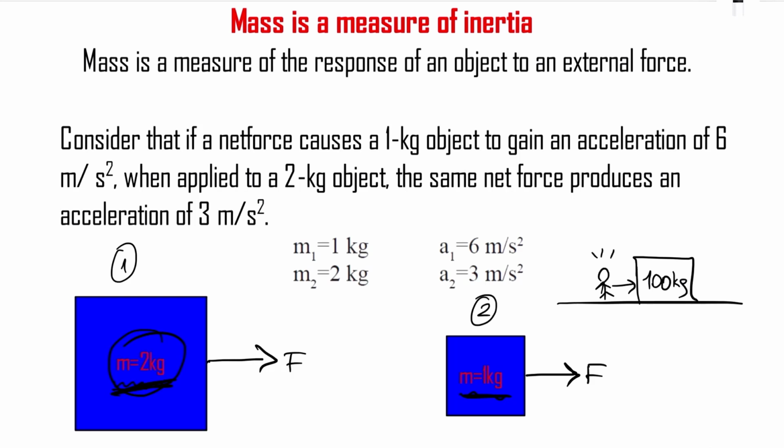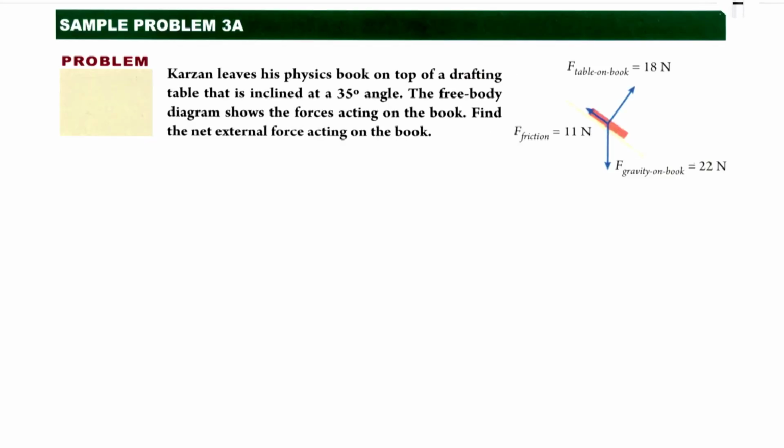So if we have more mass, we have more inertia, and if we have less mass, we have less inertia. So according to mass, acceleration can change if the force is constant. Now I will explain it with a simulation, and I will show you a video about this.